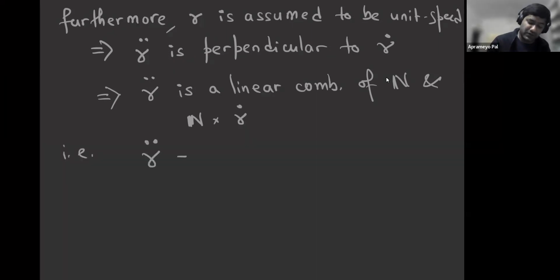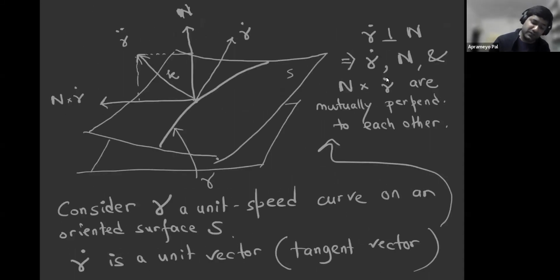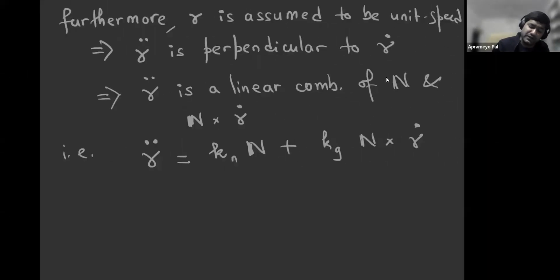So let me write this down. Gamma dot dot will be, let's say, kappa n times n plus kappa g times n cross gamma dot. In this component you get kappa n, and in this component you get kappa g. So you are getting a linear combination for gamma dot dot in terms of n and n cross gamma dot, right?